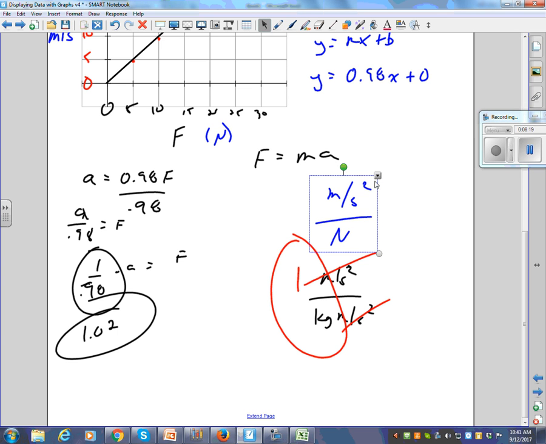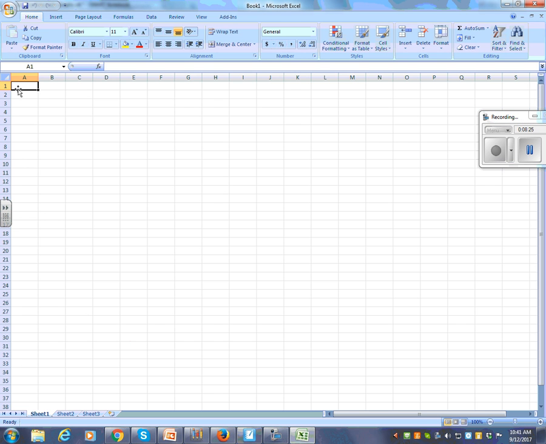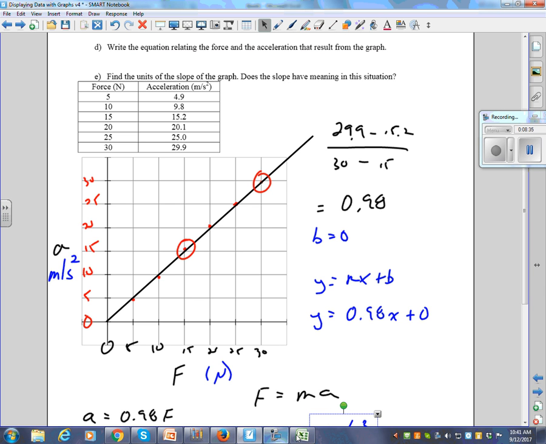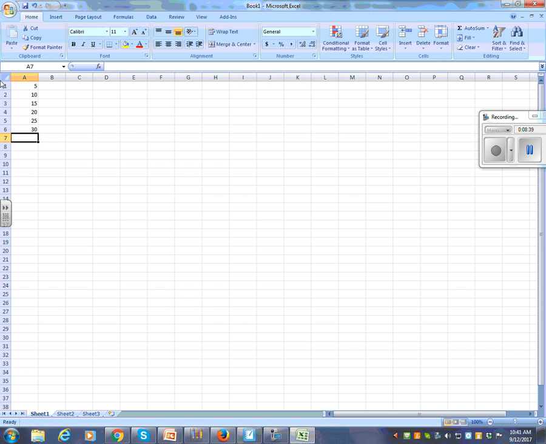Take this data from the last one, this 5, 10, 15, 20, 25, and 30, and you're going to punch that in here. So 5, 10, 15, 20. Does it go to 30? And then the other data, the 4.9.